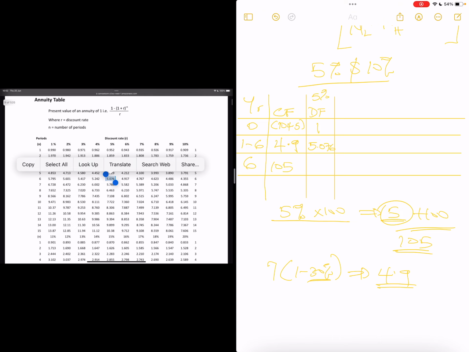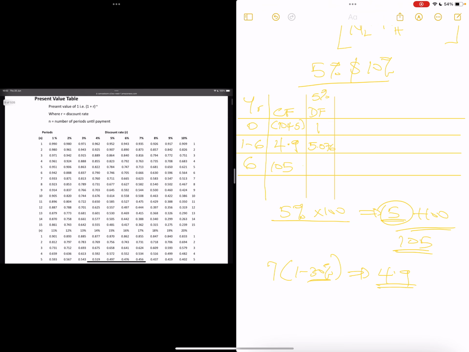And 5% at 6, but this time around, we're going to be using present value table because this is a single cash flow, one cash flow. So we're going to use at 6 years, 5% at 0.746. And with that, we can get our present value at 5% discount rate.